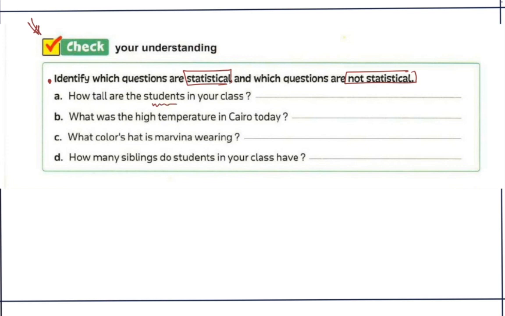So I need to ask everyone about his height, right? It's statistical. I need to collect data. Here, what was the high temperature in Cairo? The high temperature in Cairo is an exact number, right? I don't need to collect data. It's non-statistical.